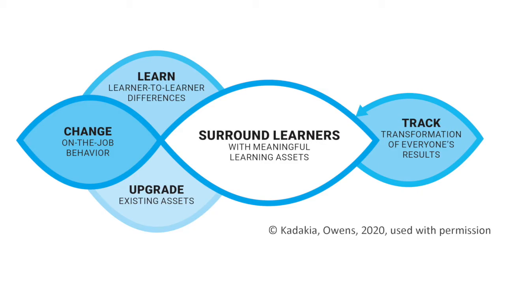So when you have a set of learning assets, there is a greater level of confidence that a set of assets will make an impact on the business because we're addressing first behavior on the job, learner to learner differences, and giving the learners what they need to make that change. Just that story gives the C-suite more confidence that this is going to succeed.